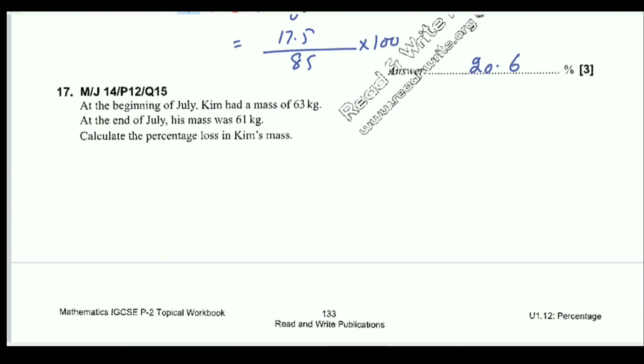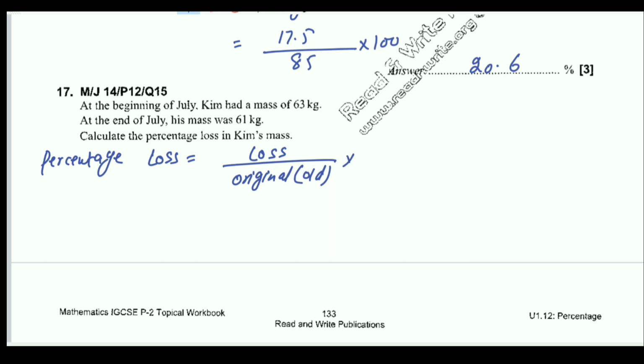So at the beginning of July, Kim had a mass of 63 kg. At the end of July, his mass was 61 kg. Calculate the percentage loss. So here we are going to find the percentage loss. You will use the formula of loss over original, old, multiplied by 100.